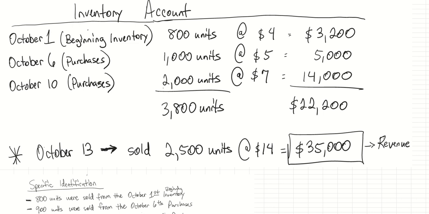It's also used on high dollar amounts, because if you're selling something for $1,000, you want to keep track of the cost on that item, because you probably spent a good amount of money to get it to its finishing condition before selling it to the customer. So the specific ID method is a good method to use in scenarios like that.